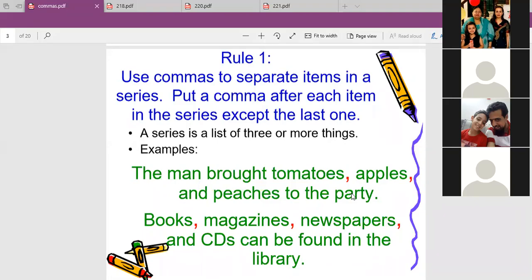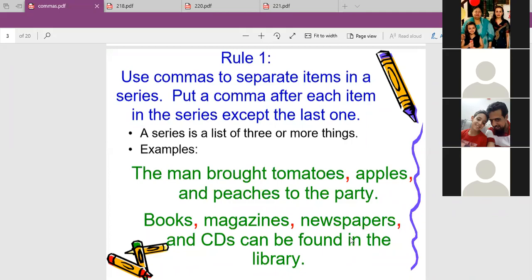The man brought tomatoes, apples, and peaches to the party. Books, magazines, newspapers, and CDs can be found in the library. Excellent. See here in the second sentence also: books, comma, another thing, magazines, comma, another thing, newspapers, comma, and CDs can be found in the library.